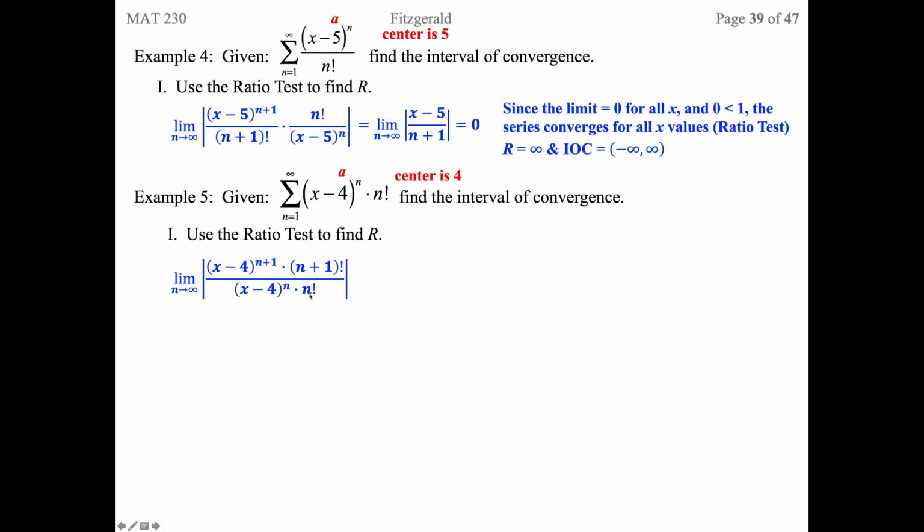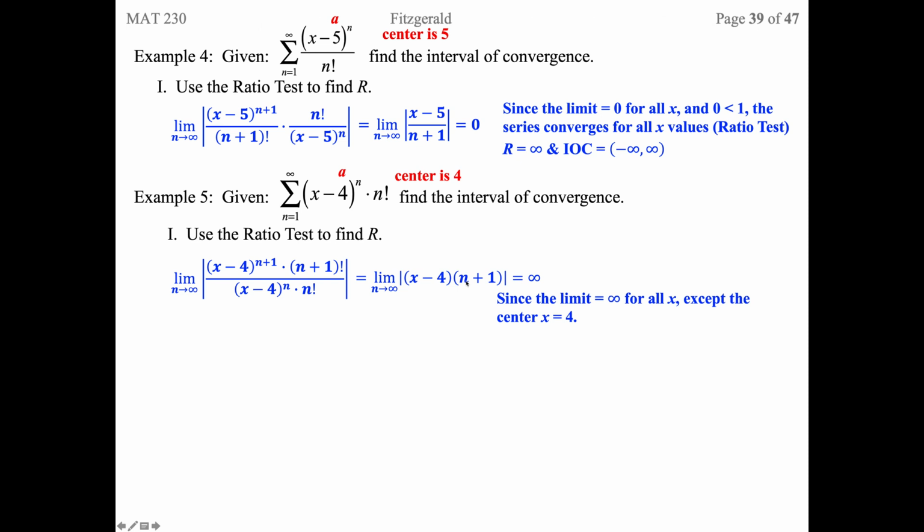Start simplifying again. x minus 4 to the n power times x minus 4 to the first. Cancel the x minus 4 to the n power. n plus 1 times n factorial. Cancel the n factorials. We are now left with x minus 4 from this extra one here and the extra n plus 1.